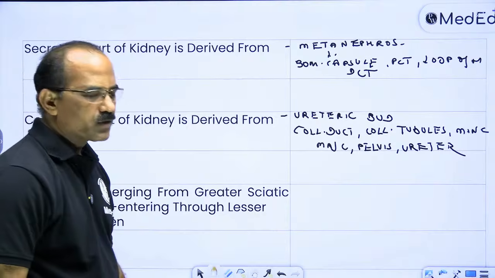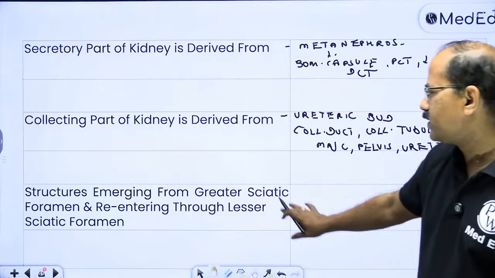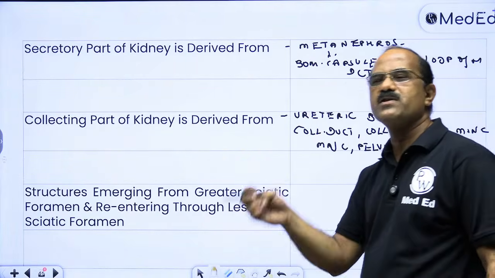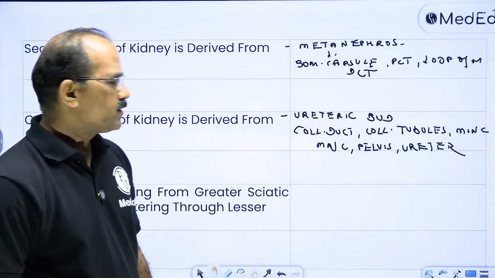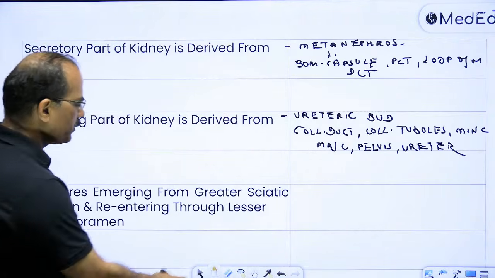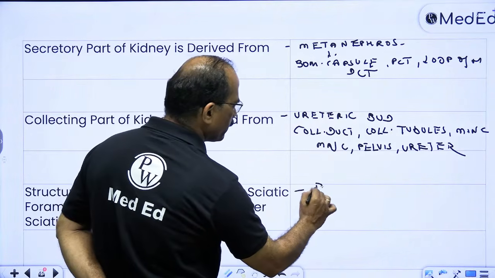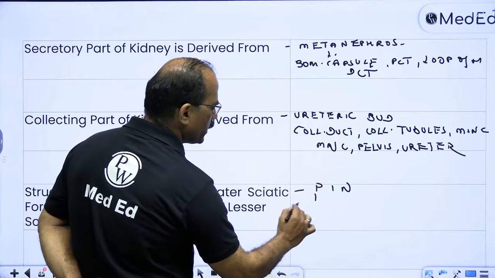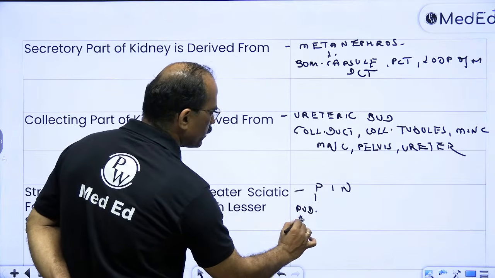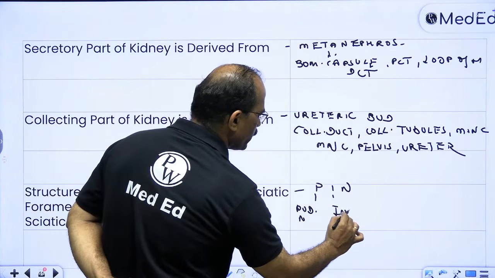Okay, answer this. Structures emerging from the greater sciatic foramen and re-entering through the lesser sciatic foramen. Can anyone tell me? ये कौन से structures होता है? This is PIN. PIN structures. P is pudendal nerve. I is internal pudendal vessels.